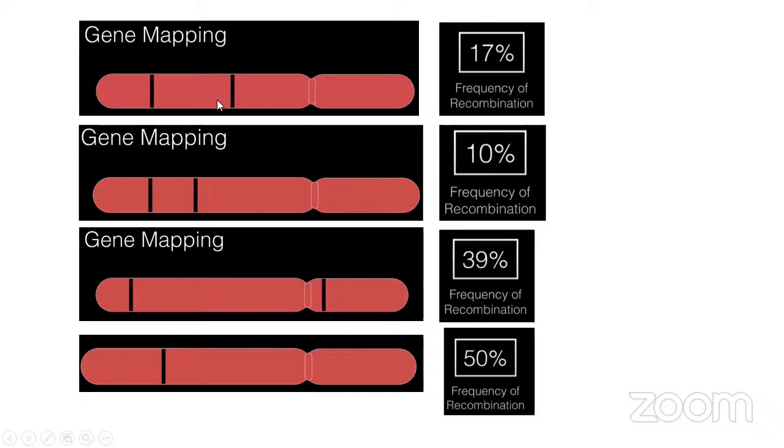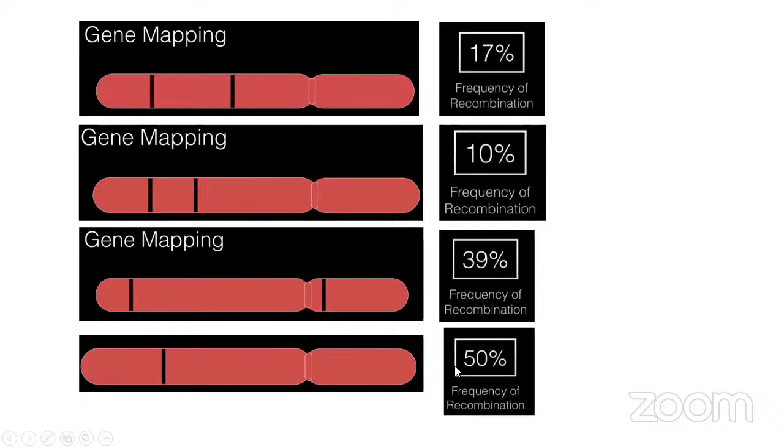So here you can see the distance between the two. If it is 17%, they are located at a certain distance. If the frequency of recombination is 10%, then they are located closer to each other. If the frequency of recombination is 39%, more than the previous, then they are located at a greater distance.